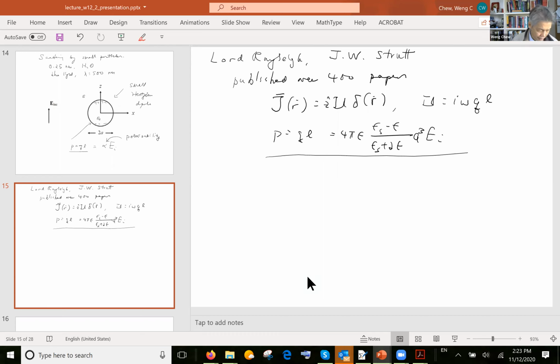Okay, is this good enough? Any questions so far? I'm not going into the detailed analysis, but using the mere physics that the wave comes in, polarizes the particle, and radiates like a Hertzian dipole. Okay.